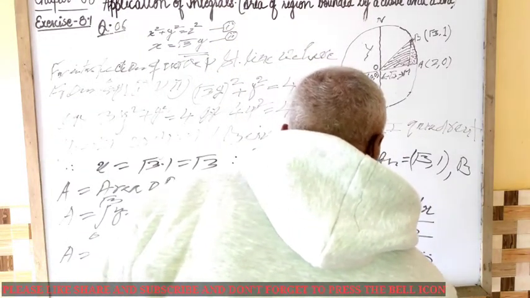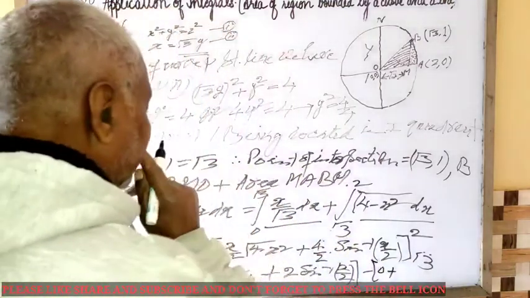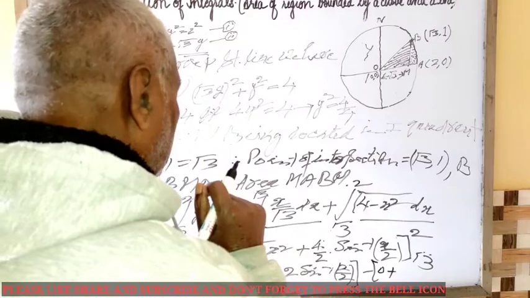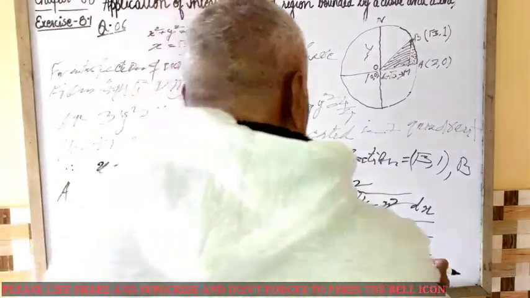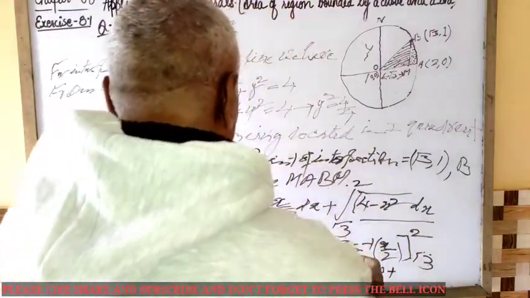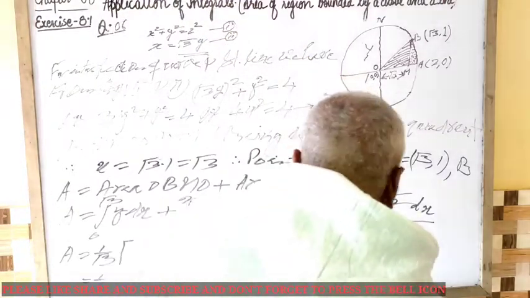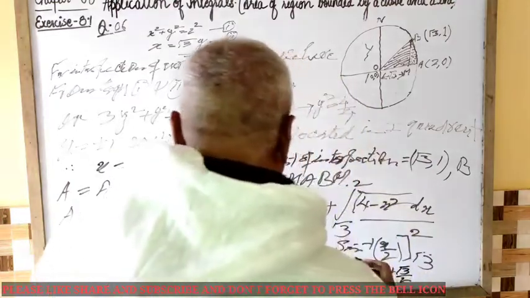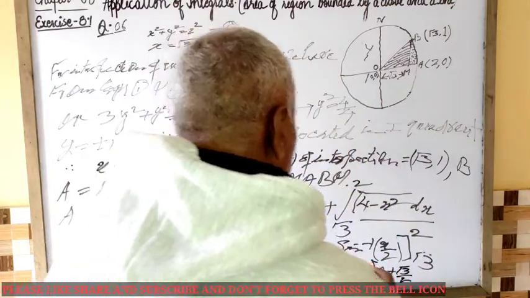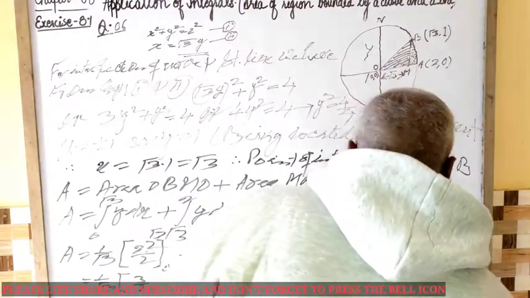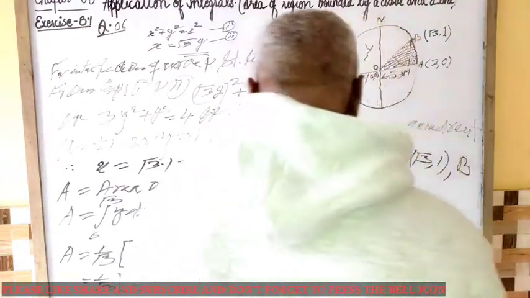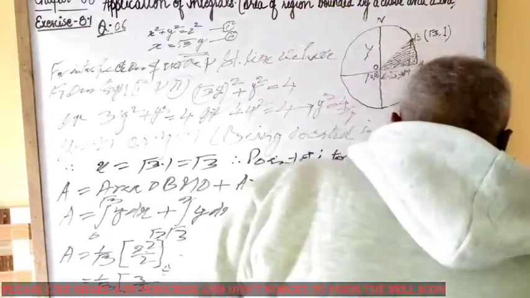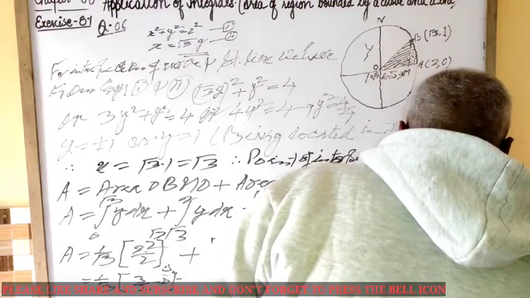And if you take the lower limit root 3, this will be equal to root 3 by 2 under root 4 minus 3, that is 1, plus 2 sin inverse root 3 by 2.